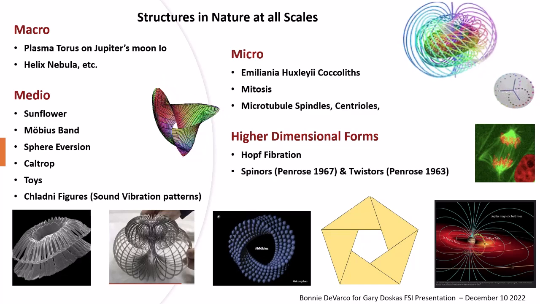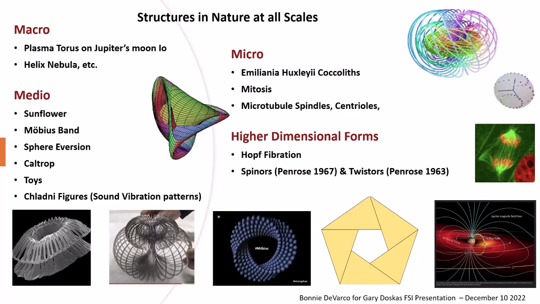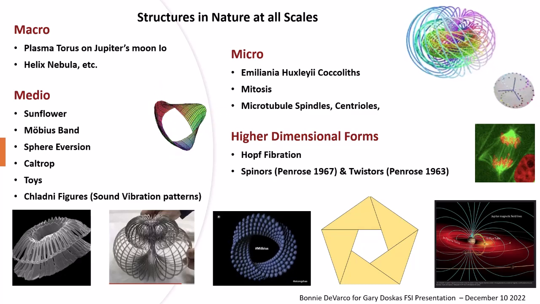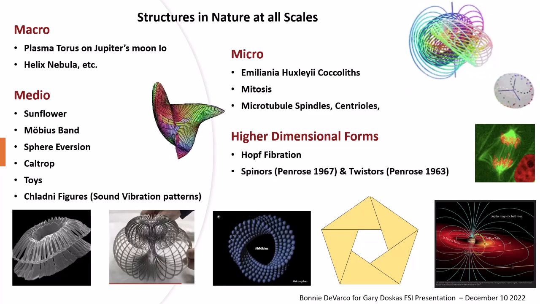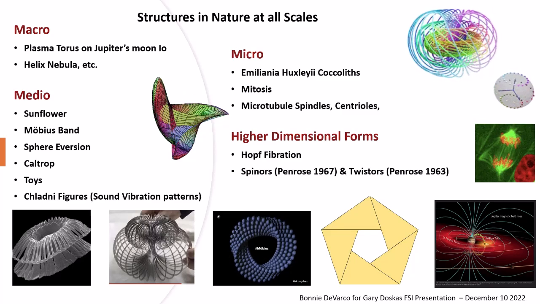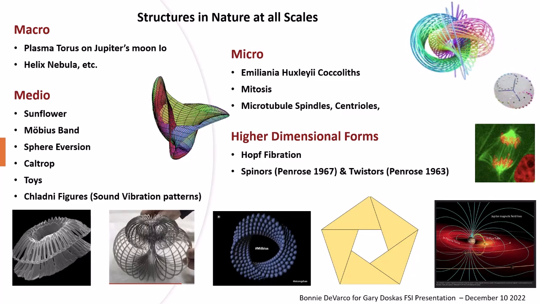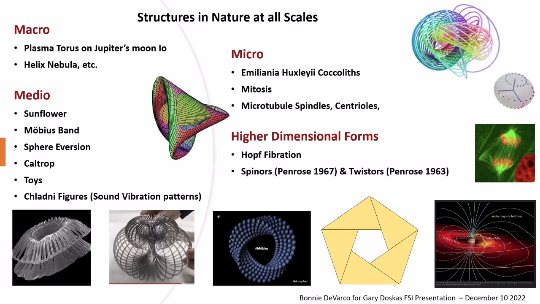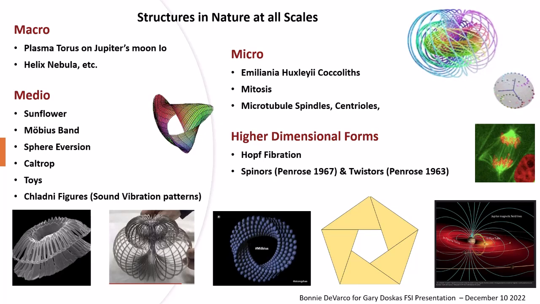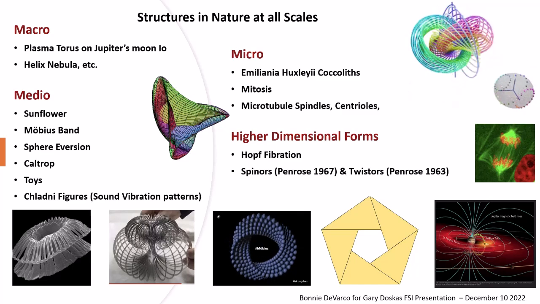So the observations that Gary and I have made include structures on the macro scale, the medio scale, and the micro scale. Also, higher dimensional forms are popping up in the midst of these. Gary is going to show some of those examples in the midst of how he created what he created. We have a number of examples, including Emiliania huxleyi, my favorite phytoplankton, and the Hopf fibrations, which we've been talking about, which is a higher dimensional structure based on the hypersphere.